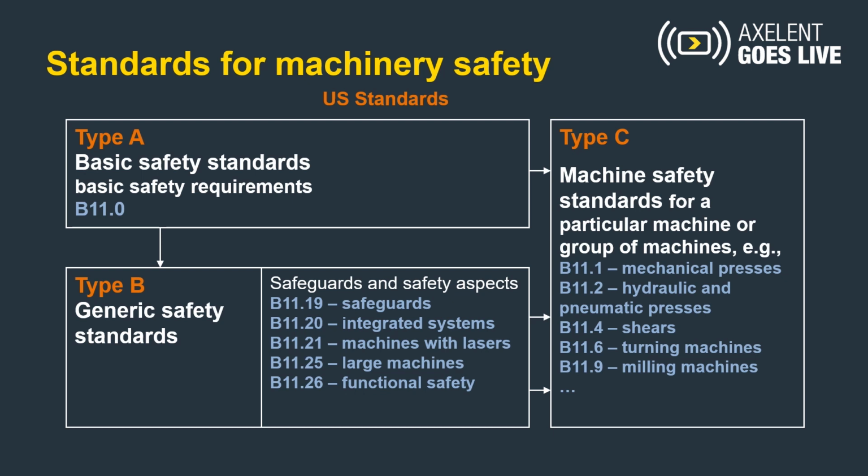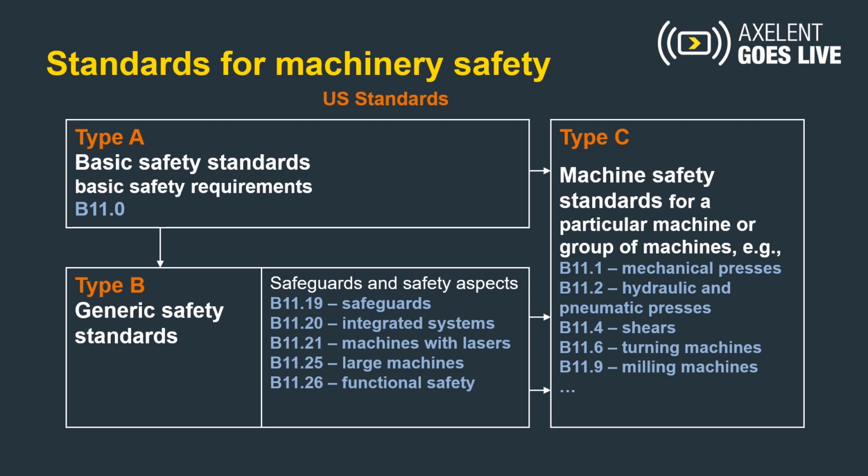Interestingly, ANSI is using a US-specific ABC system now. ANSI B11 includes a long list of standards which address general machine safety topics. That would be Type B standards.